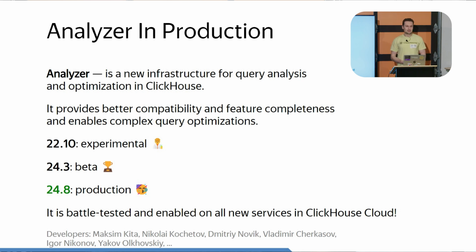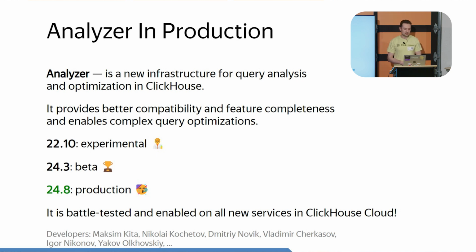And it was a 2 years effort. It was introduced 2 years ago in version 22.10 in the experimental stage. This year in 24.3, it was declared beta. And recently, we analyzed the usage of queries in our production.